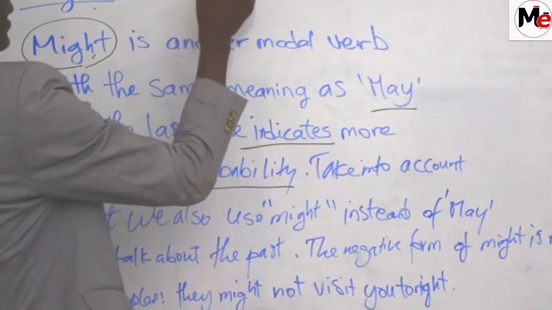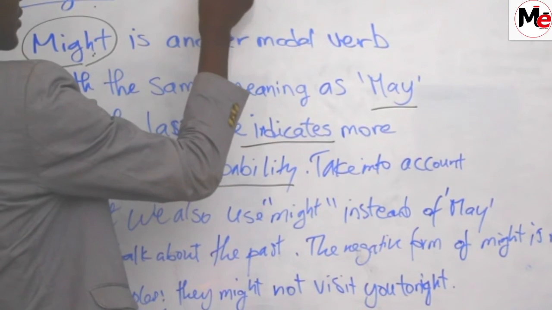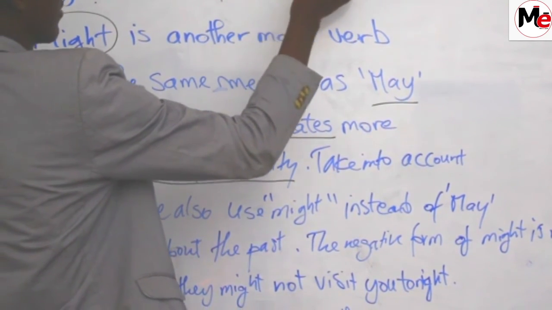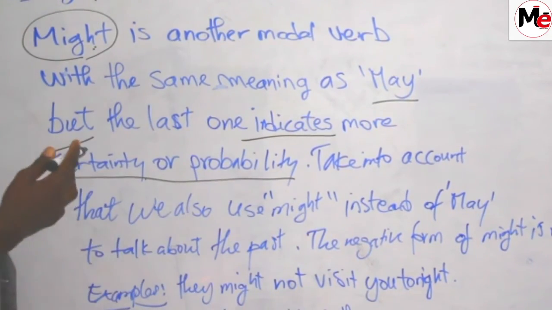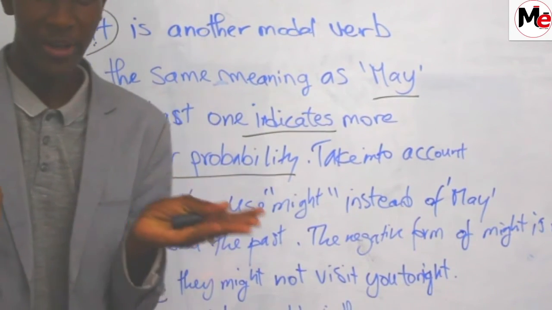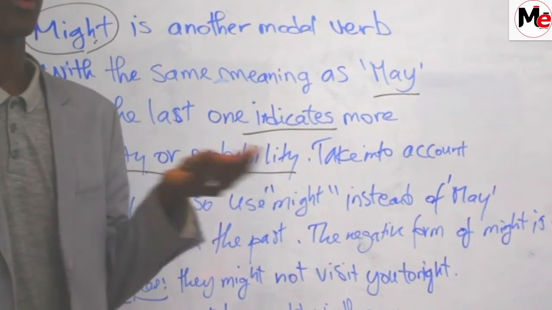So if may is 80%, might is going to be 85%. May 80%, might 85%. So might is more certain and more probable.